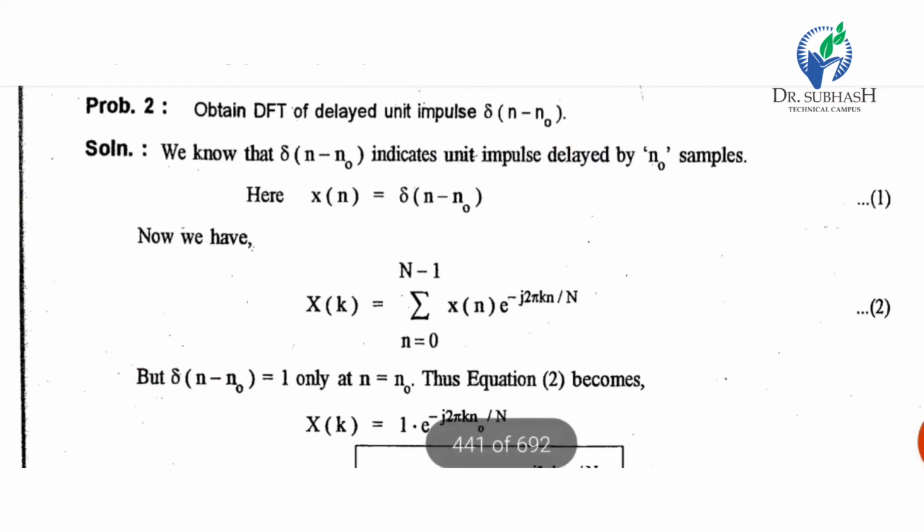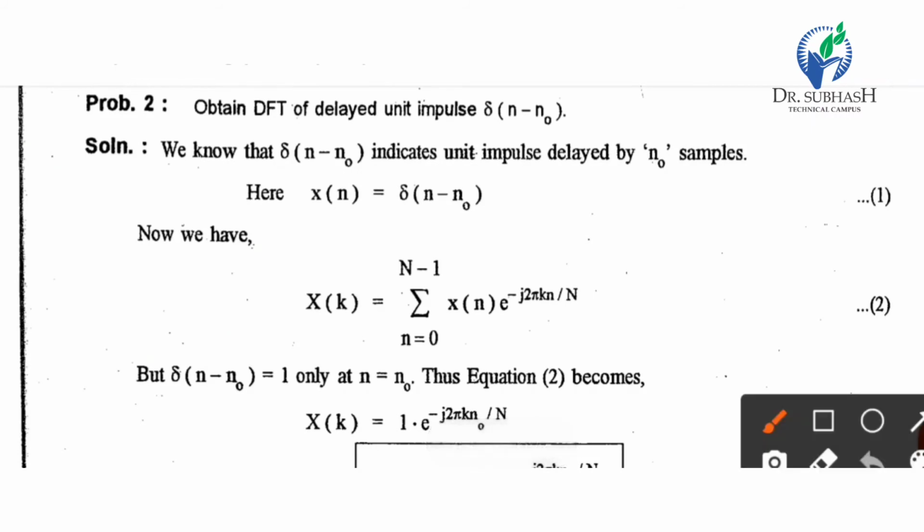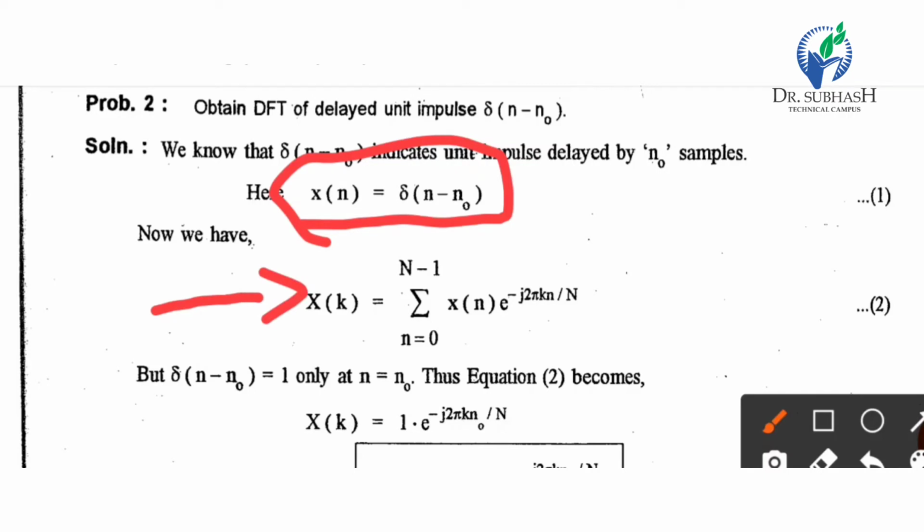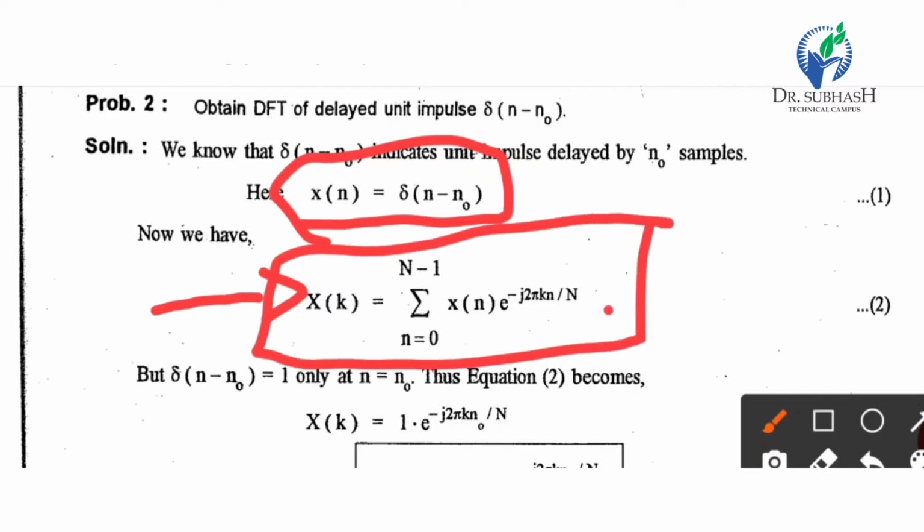So x of n equal to delta n minus n0. According to our definition, x of k equal to summation n equal to 0 up to capital N minus 1 x of n e raised to minus j2 pi kn upon capital N. This is our standard definition of DFT.